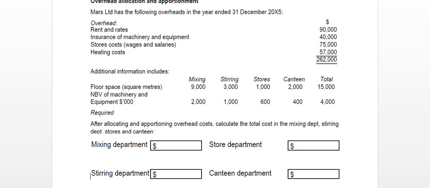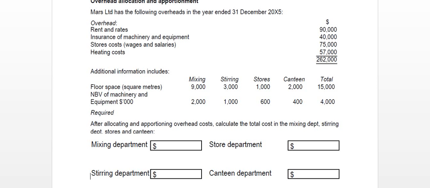The next is insurance of machinery and equipment. Which one is appropriate? NBV of machinery. Net book value of machinery is what you would use to insure your machinery.